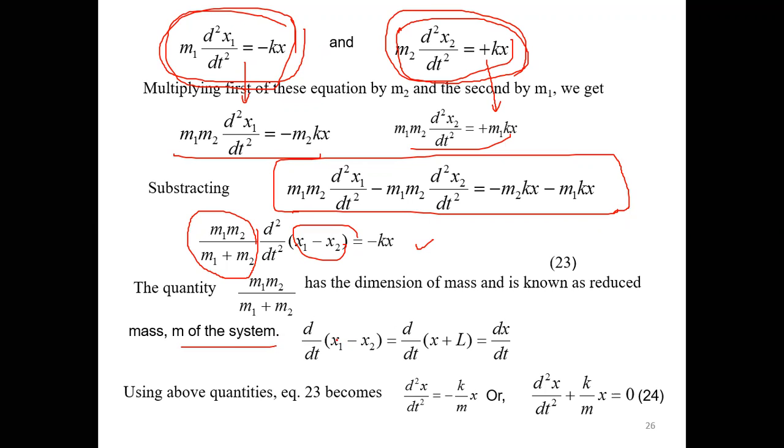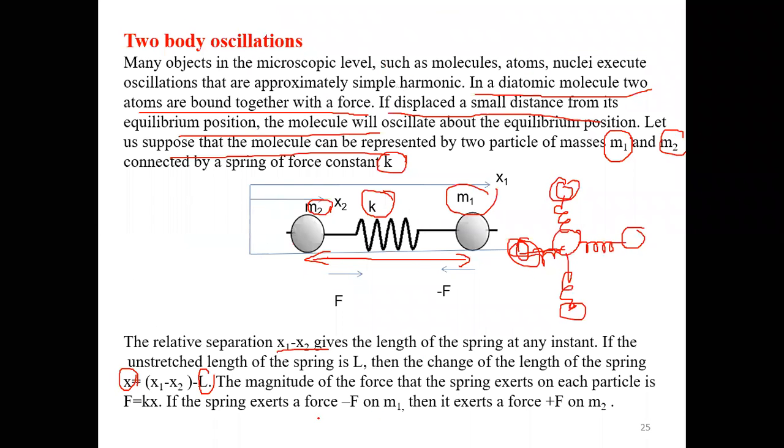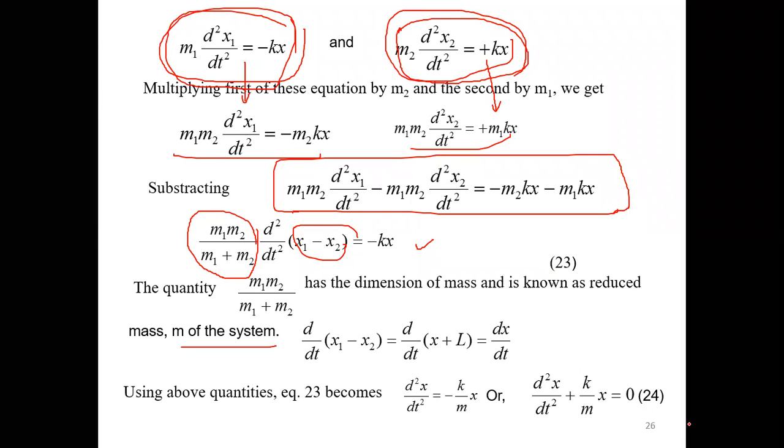And d dt of x1 minus x2 is, from the previous expression, d dt of x1 minus d dt of x plus L. So L is constant, and the derivative of that will be 0. So it will be just dx dt.